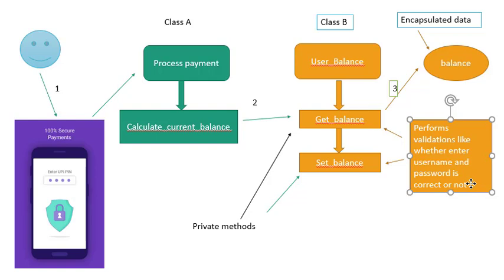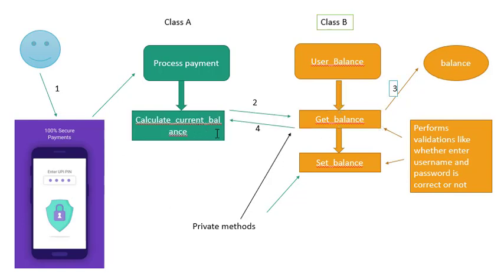There could be any other validations on this data. After that is done, this method provides the data back to the current balance method. It does the processing. Let's say the balance was 10,000, and the user sent 1,000. The remaining balance is 9,000.